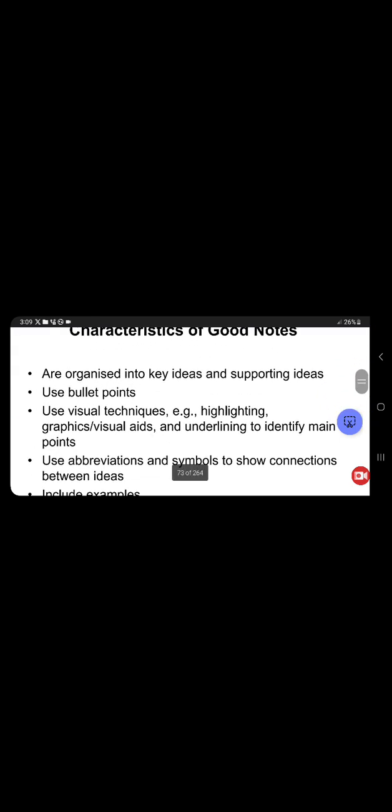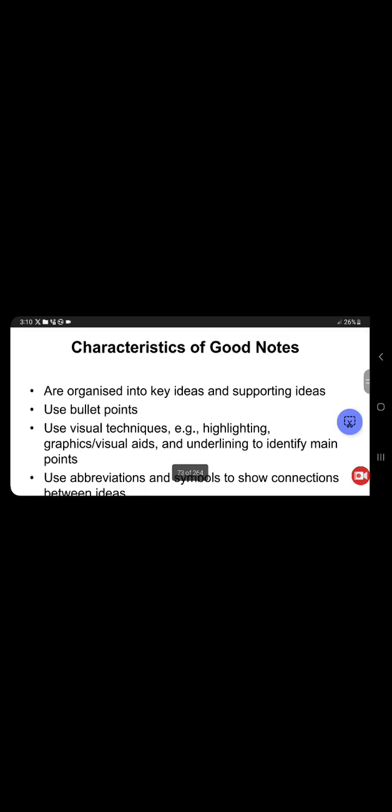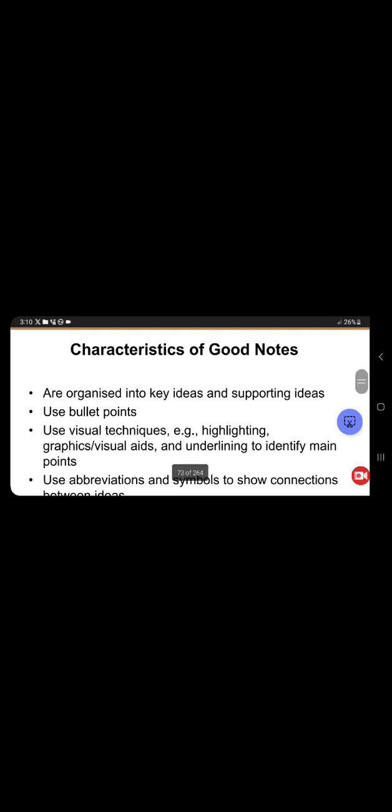So information is organized into key ideas and supporting ideas. Every good information is really organized. As I told you, when you are developing a paragraph, you must have your topic sentence, supporting sentences, minor supporting sentences, and then your concluding sentences. It should be organized.